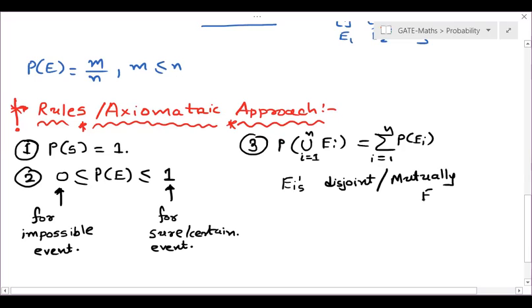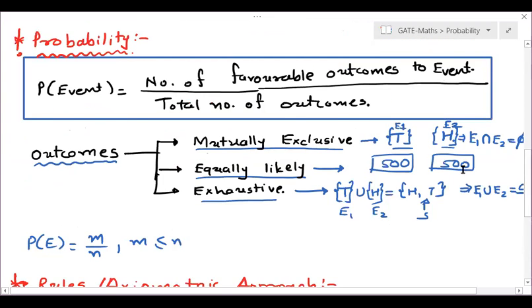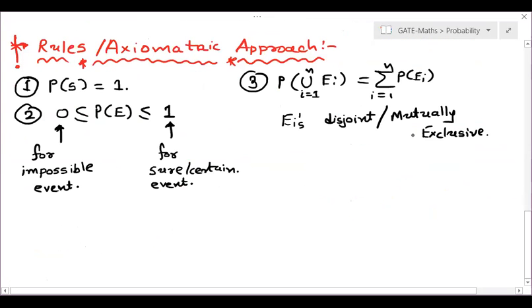Disjoint is another name for mutually exclusive. And what is the meaning of mutually exclusive? We have already seen their intersection should be phi. So mutually exclusive means E1 intersection E2 intersection E3 up to intersection En, that is, the intersection of all these events, should be null.